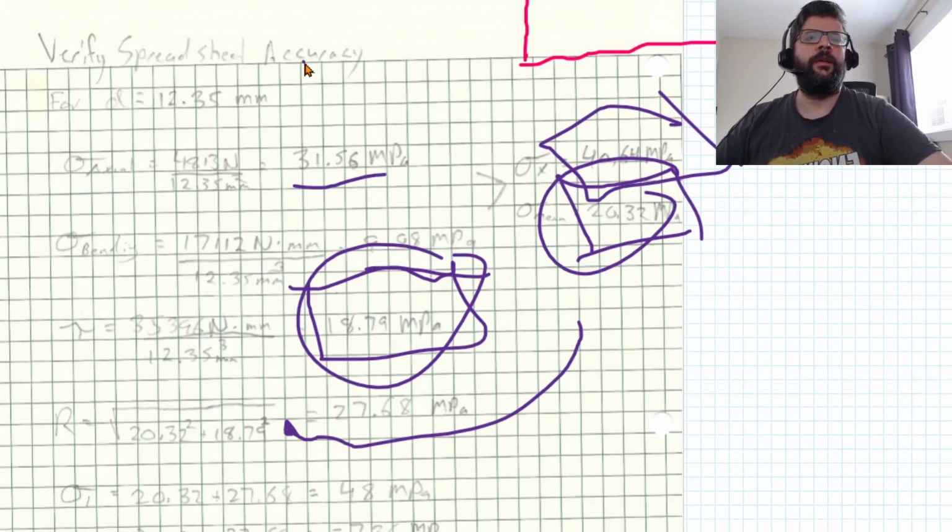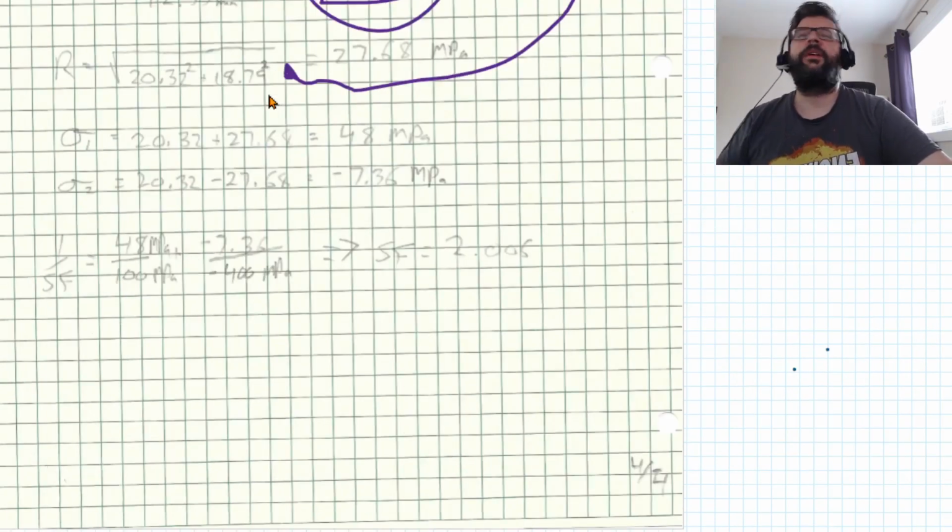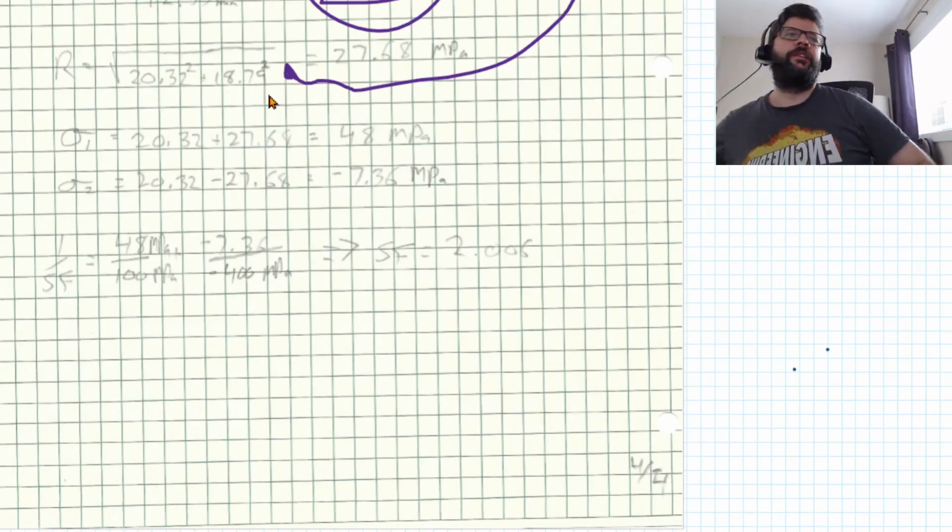And then calculating our 1 over the safety factor, 48 divided by 100 plus negative 7.36 divided by negative 400 leads to us having a safety factor of 2.006. So, of course, obviously some rounding errors there, but it seems to verify that.